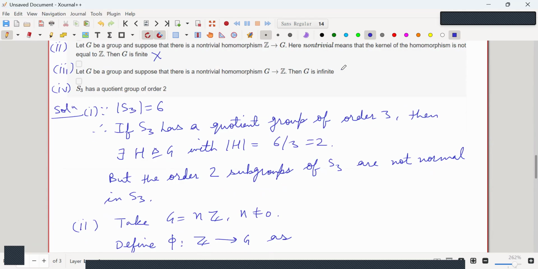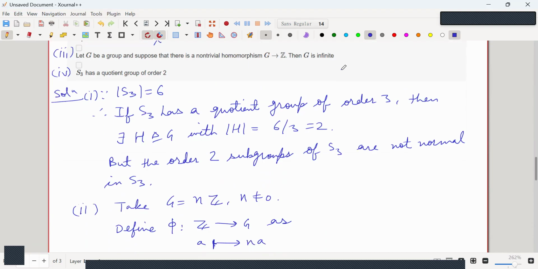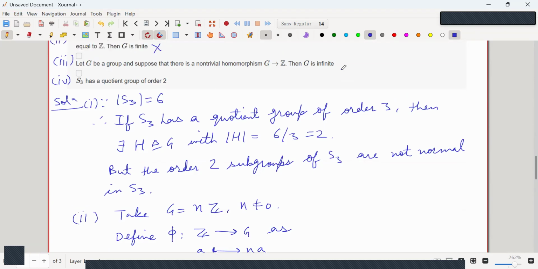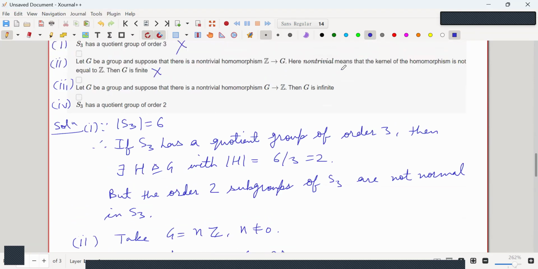Yeah, this is true. I think now my argument will work. Suppose some a belongs to G. Since Z is cyclic and the homomorphism is non-trivial, there exists some a belonging to G such that phi of a equals 1.